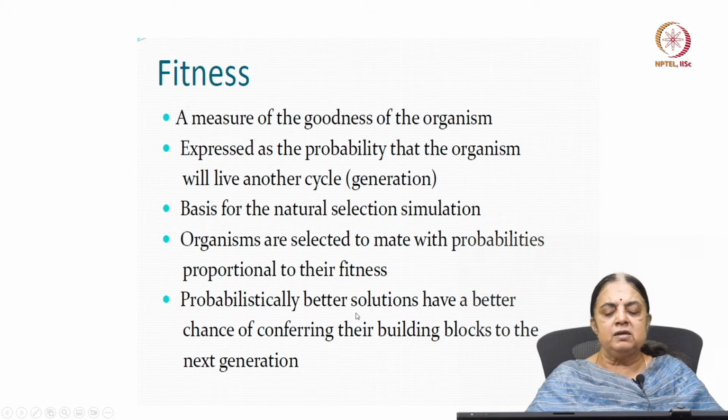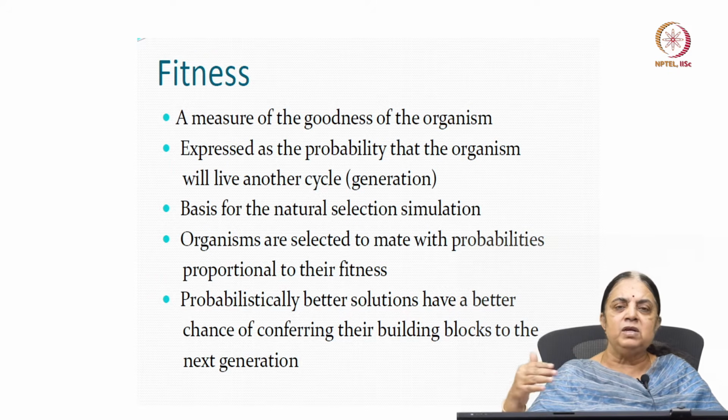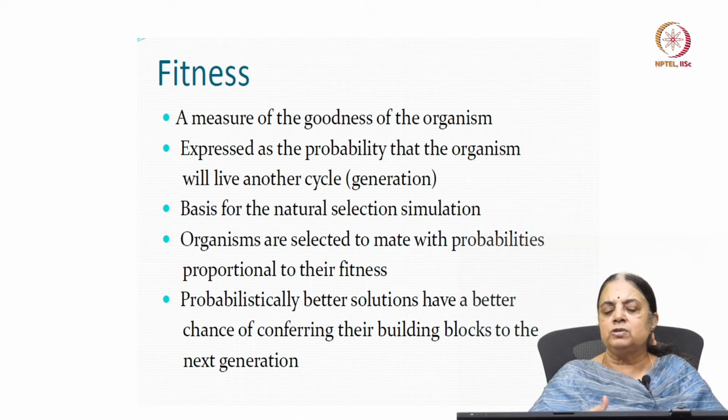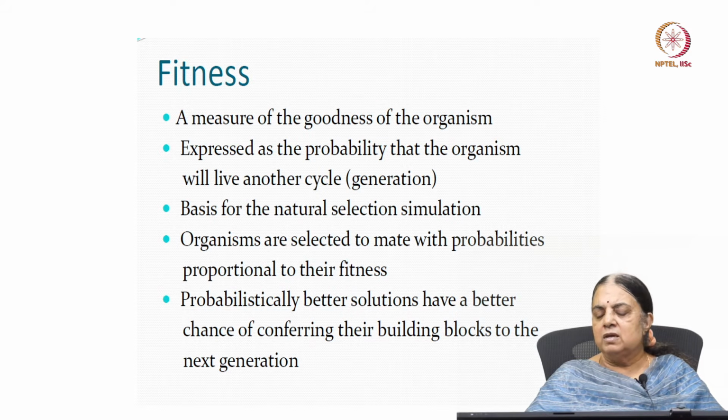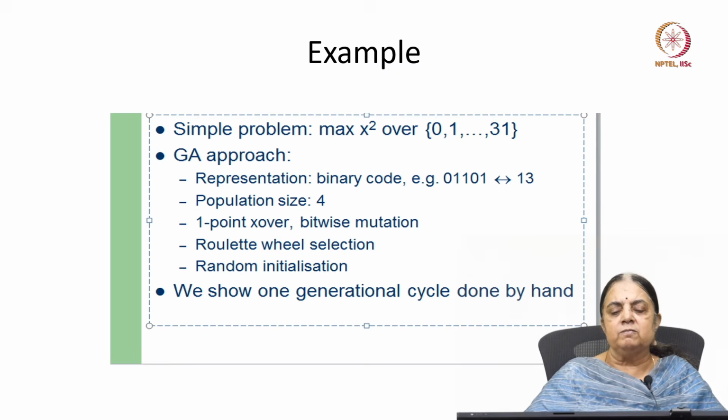So, probabilistically better solutions have a better chance of conferring the building blocks to the next generation, because first you are going to carry out selection, which is based on the fitness, and only then you are going to do crossover where the building blocks are interchanged between strings. Okay. And so, when you get a new population, the new population is again evaluated, and you see what is the fitness of the new population.